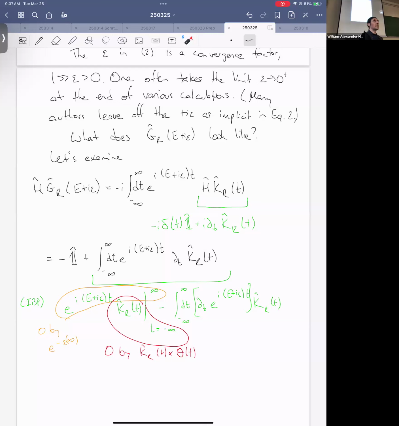Absolutely, yeah. But I'm unaware of any subtleties that are related to that. So I'm going to try to be explicit in keeping a limit epsilon goes to 0 always hanging around. But the limit epsilon goes to 0 is at the very last step of any of these calculations. So that's going to be fine.